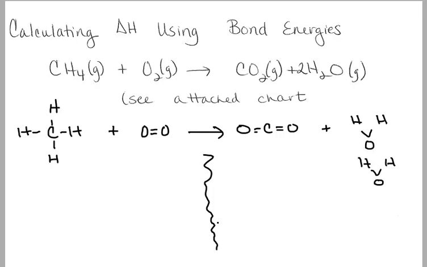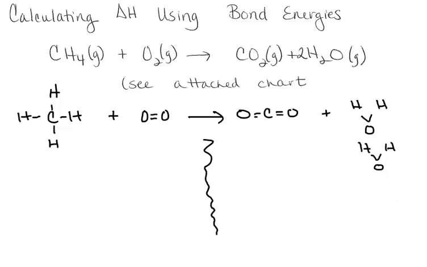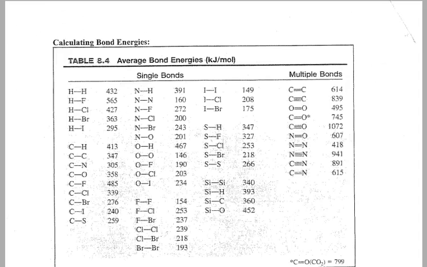So on a chart, which I think I gave to you, let me see. Yes, there's the chart. I'm not going to open that chart, but I'm going to refer to that chart.